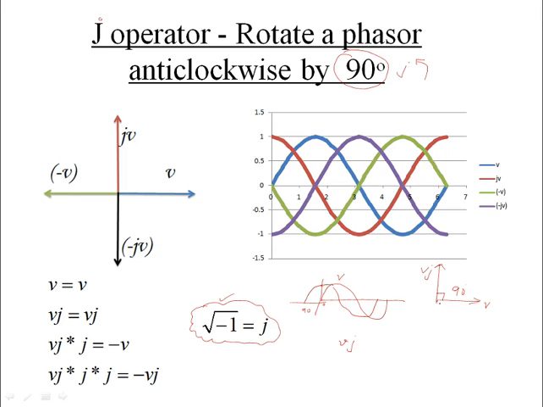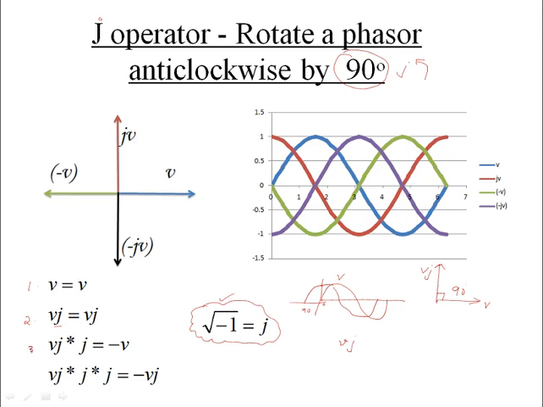So I could say Vj is leading V by an angle of 90 degrees, or I would say V is lagging Vj by 90 degrees. Now let's see an example, multiplying it many times. First step, I'm multiplying V by 1, so I'll get V. Second case, first multiplication by J, so I'll get Vj itself.